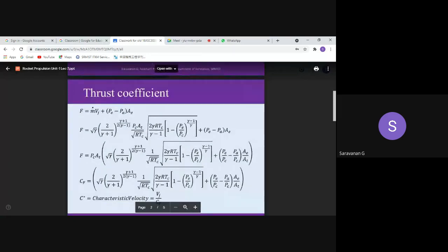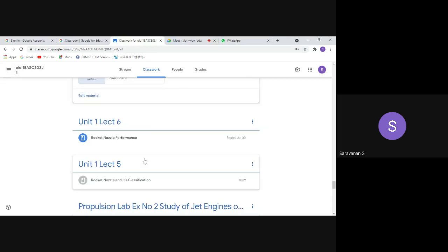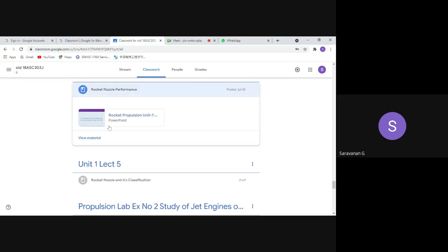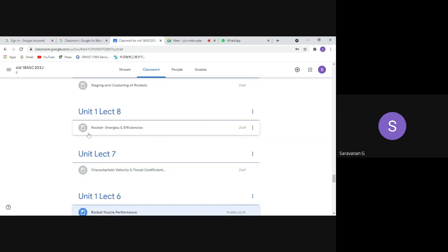If you want to derive the thrust coefficient equation, you should have an idea about the expression for Vj and the thrust equation and the expression for the mass flow rate m dot. That is the way of deriving the expressions for the characteristic velocity and thrust coefficients.